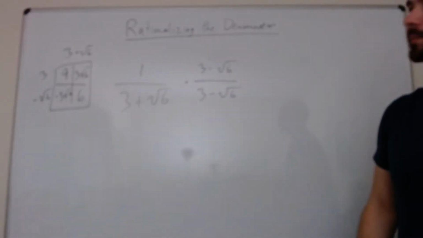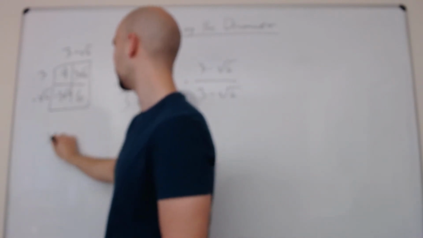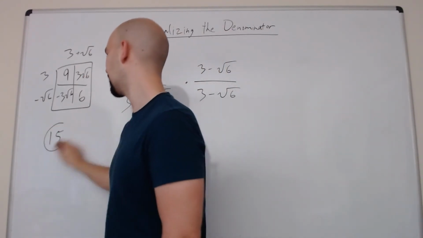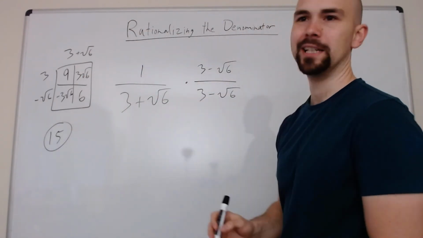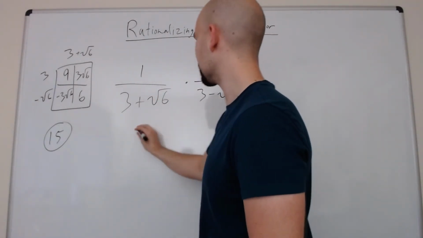When we add these together, we get 9 plus 6. We can just go ahead and add that. That's going to be 15. And negative 3 square roots of 6 plus 3 square roots of 6 cancels, so in the denominator, 15.